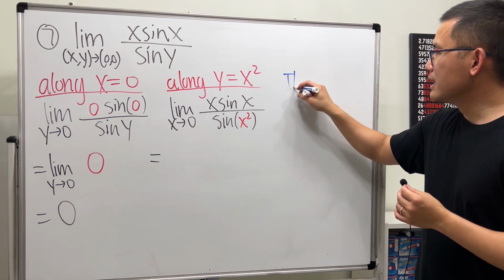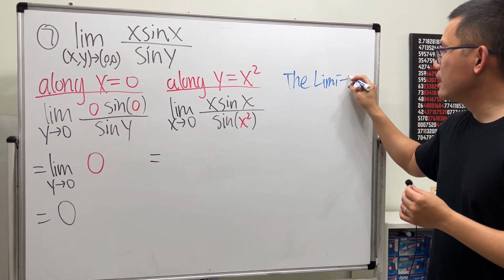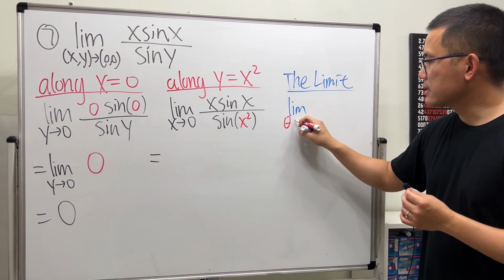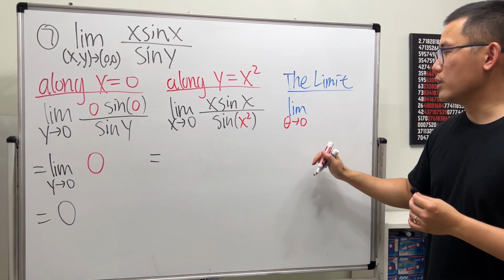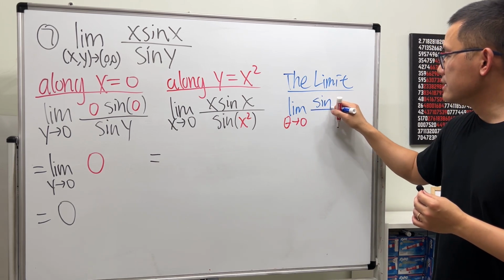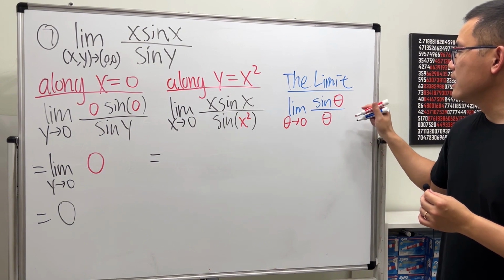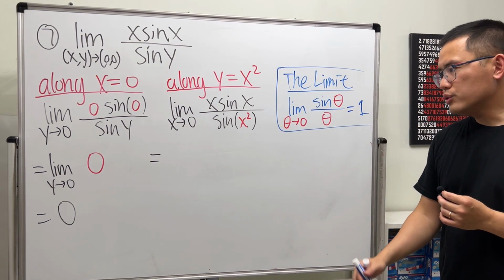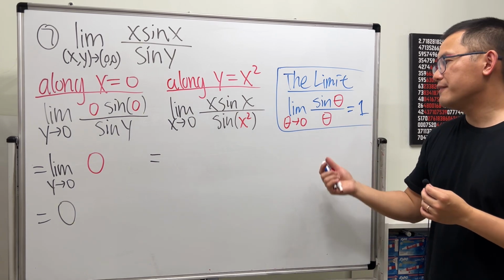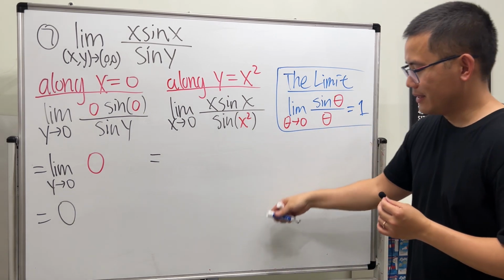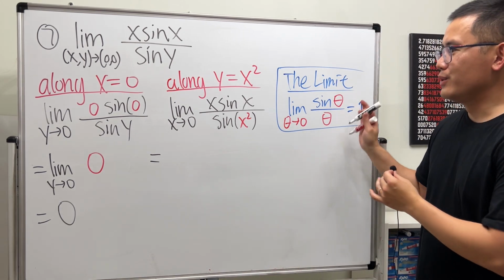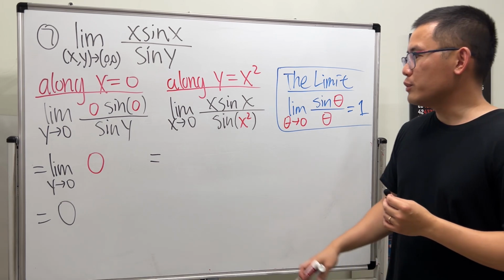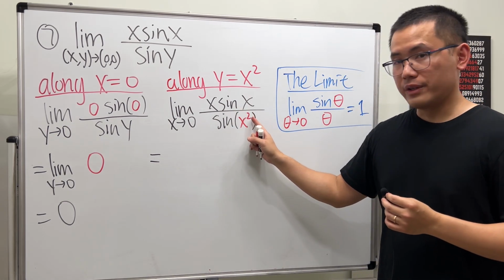I call this the limit, which says if we have the limit as a variable, let's say theta, approaches 0, of sine theta over theta, this is equal to 1. Usually you can just quote this as a result, and in fact don't use L'Hopital's rule for this, since it's arguable, so I'm not going to get into that. I'll just say this is equal to 1. There's a geometry proof for that. You should try it.